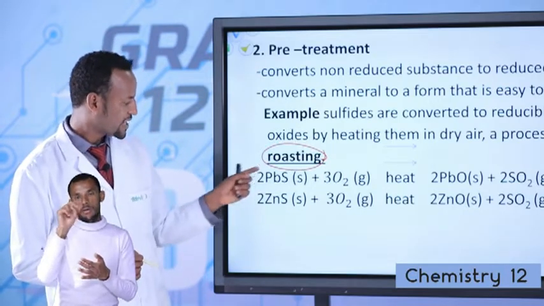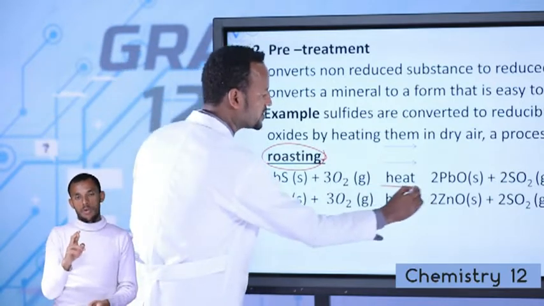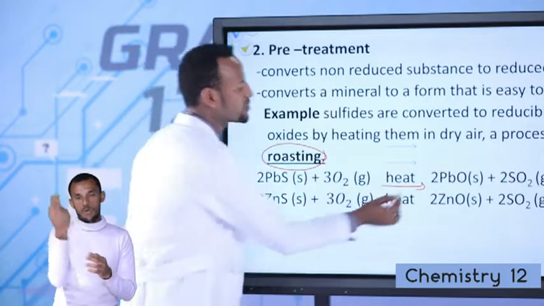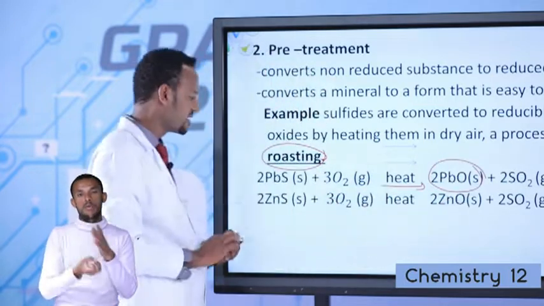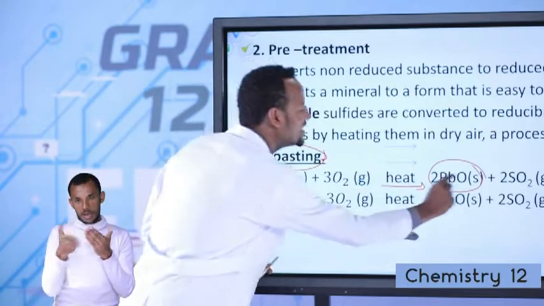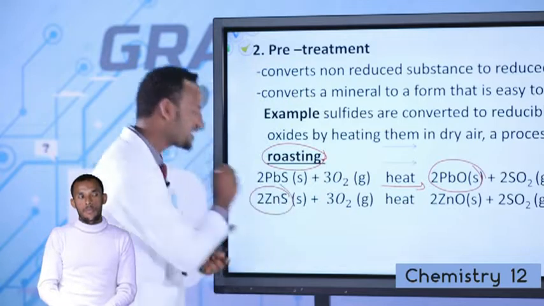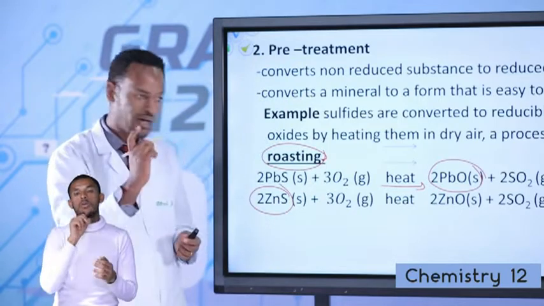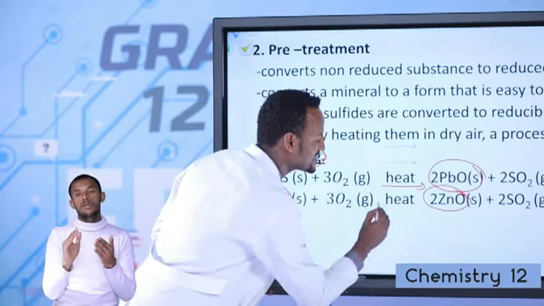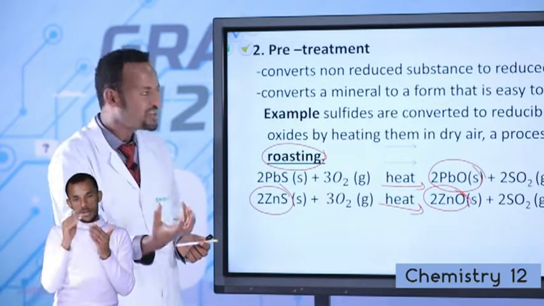Look, this is sulfide. Sulfide ore treated by oxygen by using heat, it produces lead oxide. Lead sulfides are not easily reduced, but lead oxides are easily reduced. Zinc sulfides are not easily reduced, but zinc oxides are easily reduced. What is the main important point here?